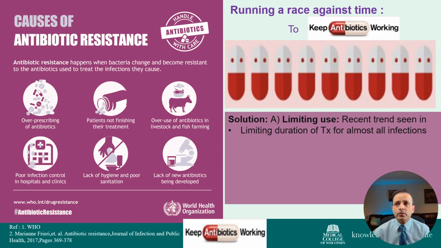What can we do? You might have appreciated the recent trend in infectious disease. The trend is to limit the duration of antibiotics, and we are moving away from the use of fluoroquinolones for the same reason. We are limiting the duration of treatment of antibiotics for almost all infections.